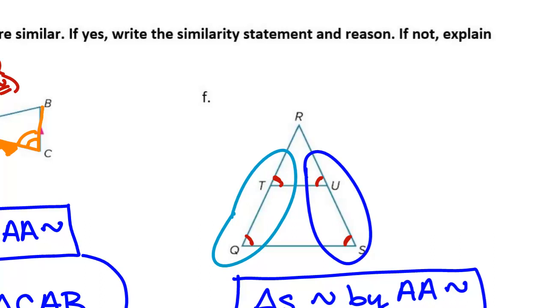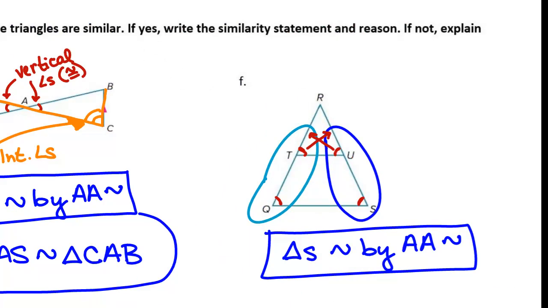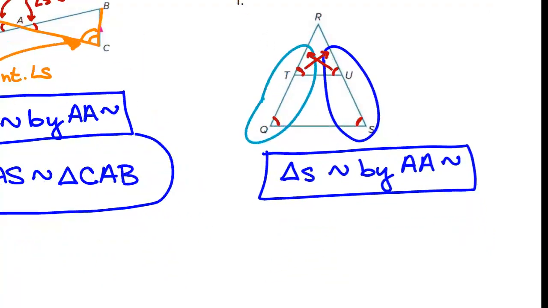So a lot like part B, we have these isosceles triangles. I know that they are isosceles triangles because those base angles are congruent. So that means I'm going to have two different possible correct ways that I can name this.